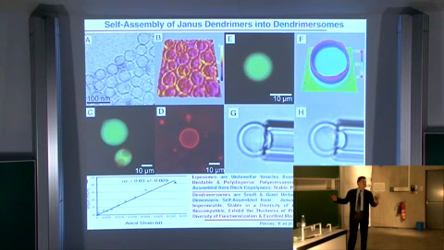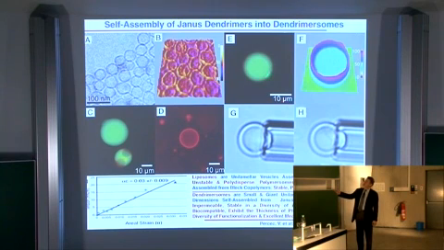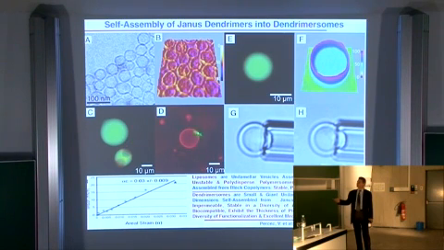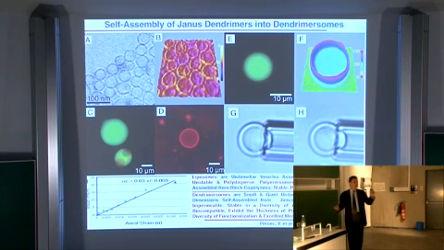But you can do giant vesicles where you can incorporate a hydrophilic dye in the interior, the water part of the molecule, and you can visualize it and see this. But you can also incorporate a hydrophobic dye in the wall of the structure, and you can measure the thickness of the wall. And to our surprise, the thickness of the wall of these molecules is more or less that of the phospholipids of the cell membrane.